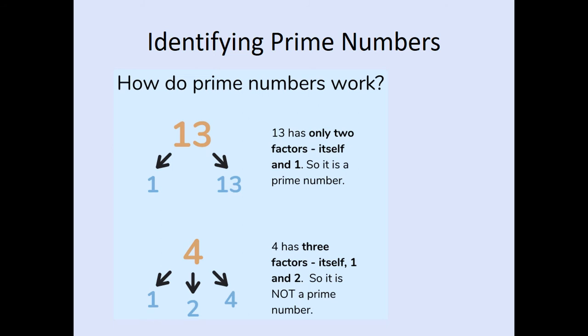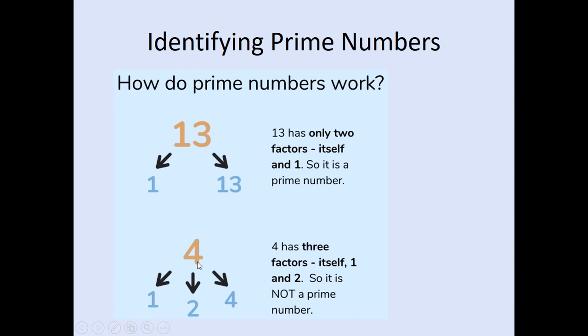The term prime numbers refers to numbers that have 2 factors, 1 and itself. 13 is an example of a prime number. Only 1 and 13 can go into 13 without leaving a remainder. 4, however, is not an example of a prime number because we have 3 factors we can get for 4. 1 can go into 4, 2 can go into 4, and 4 can go into itself.